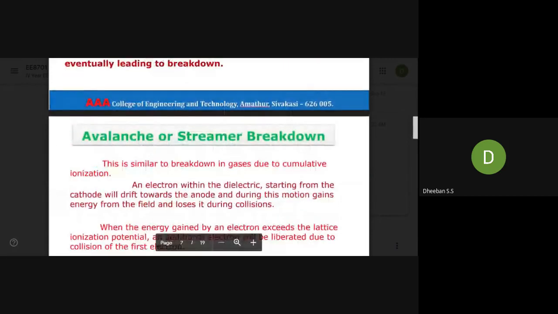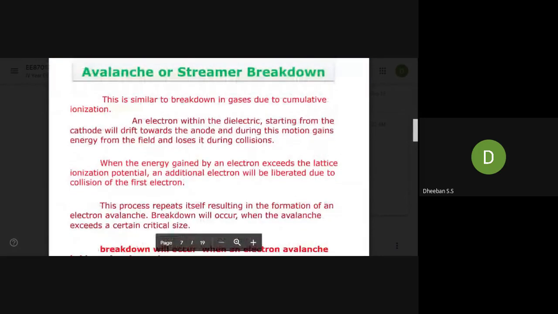So next is coming out as your avalanche streamer breakdown. This is similar to the breakdown in gases due to cumulative ionization. An electron within the dielectric starting from the cathode will drift towards the anode, and during this motion gains some energy from the field and loses it during the collision.